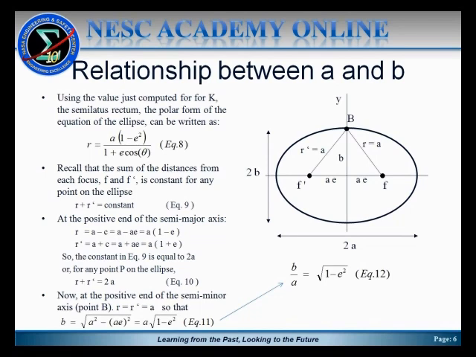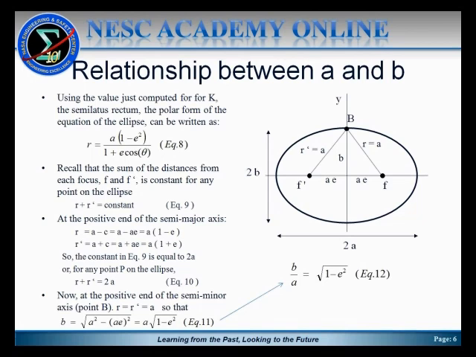Correspondingly, the triangle from the secondary focus F prime to B has a hypotenuse r prime, a base ae, and a height b. Since those two triangles have the same base, each of them ae, and the same height b, their hypotenuses must be the same. So therefore, r prime must be the same as r, but since r and r prime sum to 2a, then each of r and r prime must equal a.